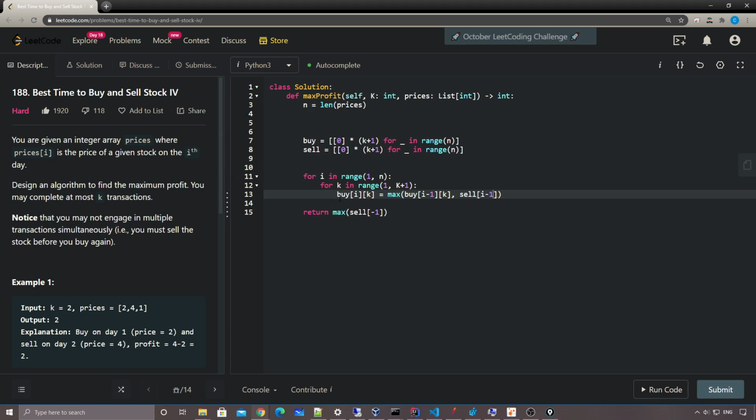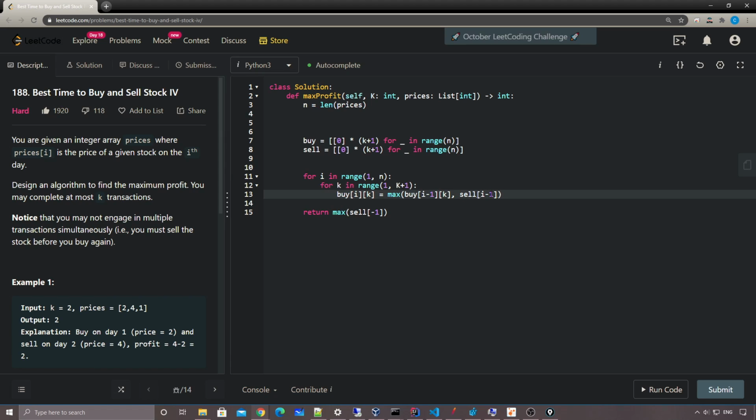Because in order to buy the current stock, we have to sell the stock first. Otherwise, if we already have a stock, we cannot buy it here, which would basically fall into the first case. So in order to buy it, we have to sell it first.